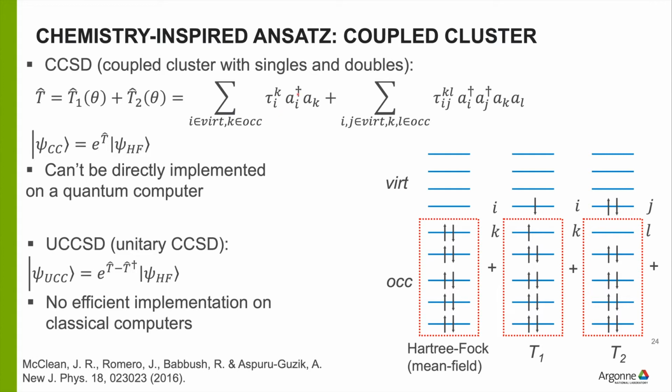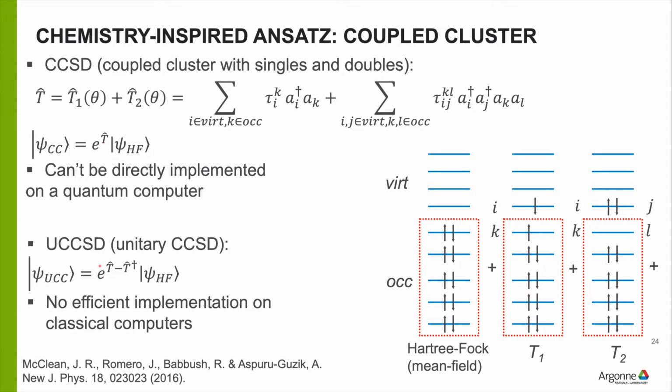the sum of the singly excited configurations and doubly excited configurations. So from Hartree-Fock, we can get configurations singly excited and doubly excited. And the reason why we can't apply directly the standard coupled cluster method is because this e to the power of T operator is not unitary.